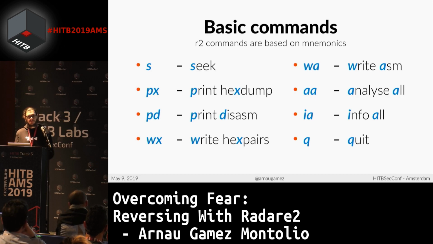Then we have the following sub-commands. So, for example, if we want to seek to an offset, we will use s. If we want to print the hexdump, we will use px; to print the disassembly, pd. Then there are write hex pairs, write assembly, analyze all, info all, or quit. And everything works like that. So sometimes you can even guess what the command will be.